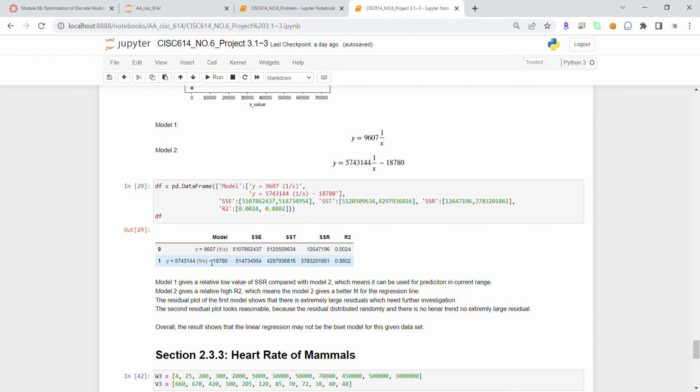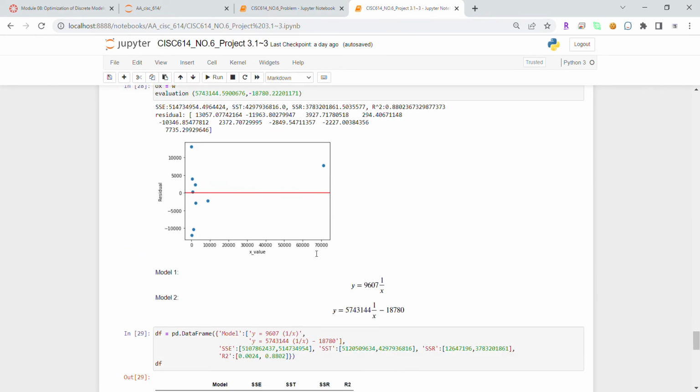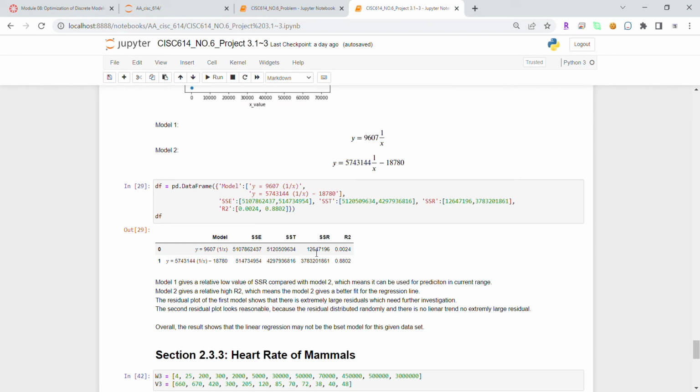As I mentioned before, the basic model gives us a lower SSR, so we can only use this to predict the weight in current data range. So the refinement model gives us a higher R square, which means the refinement model gives a better fit for the regression line.